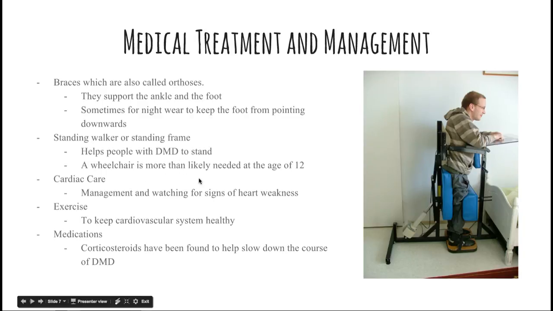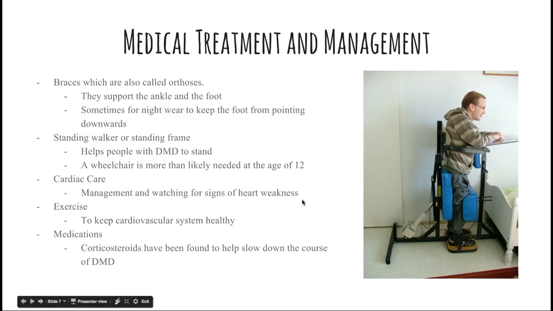A wheelchair is more likely needed at the age of 12. This person is older, obviously, so they are using a standing frame but most likely will go back to a wheelchair when they're done eating or coloring or reading a book, whatever they may be doing in the standing position. A couple things that you need to manage is cardiac care. So managing and watching for signs of heart weakness.